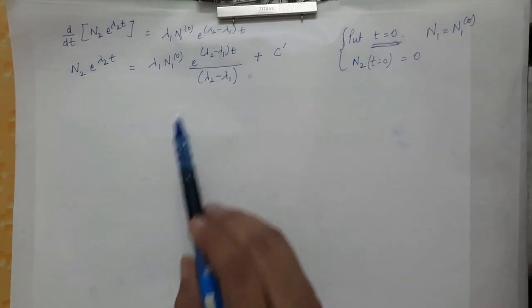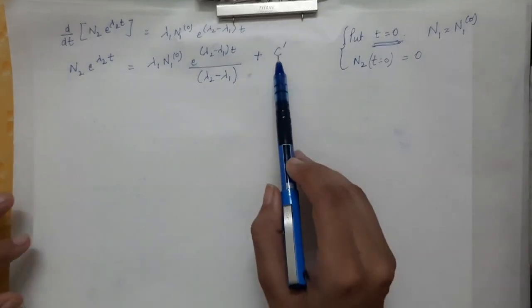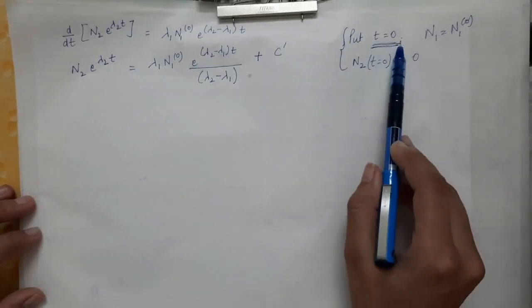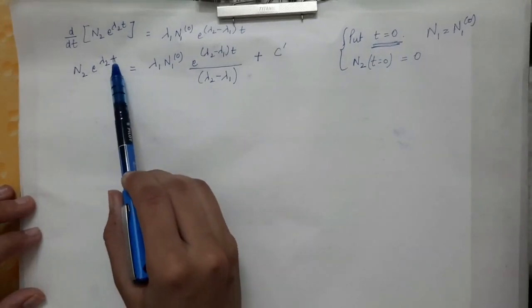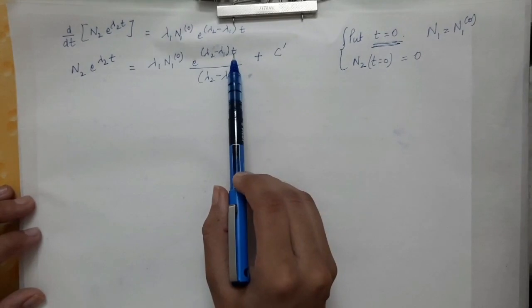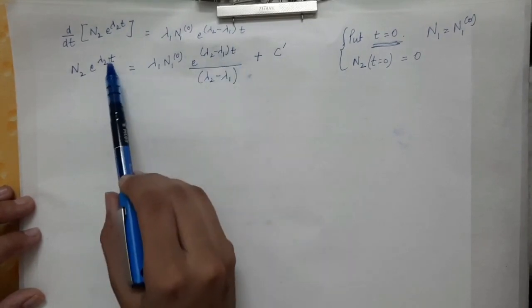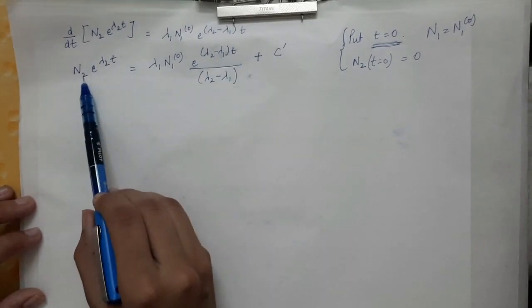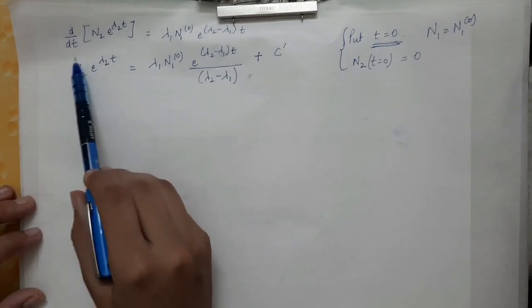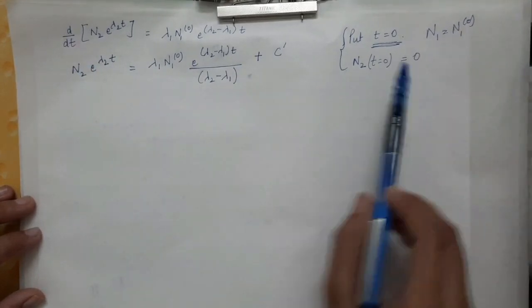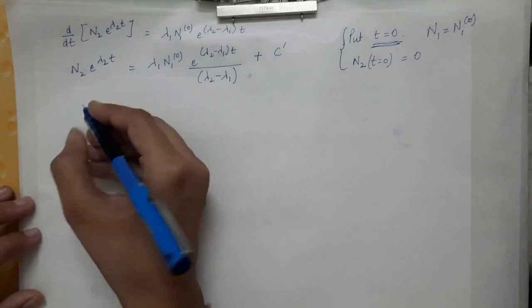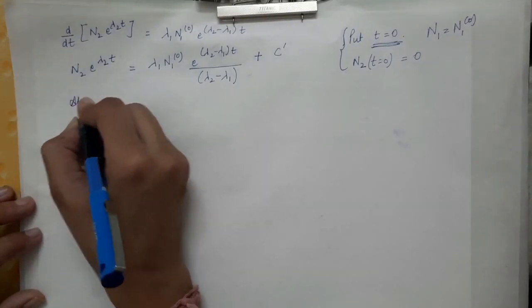Now in this equation, to find c prime, we will put t equal to 0. Here we have time t, so we put t equal to 0 over here, and here n2 will be equal to 0. So the left hand side will be equal to 0 at time t equal to 0.